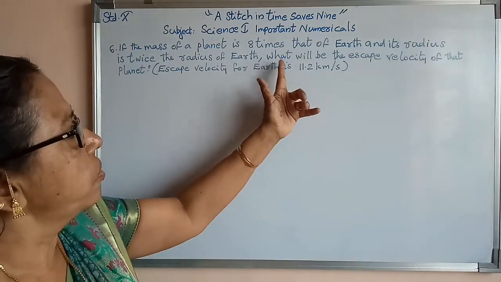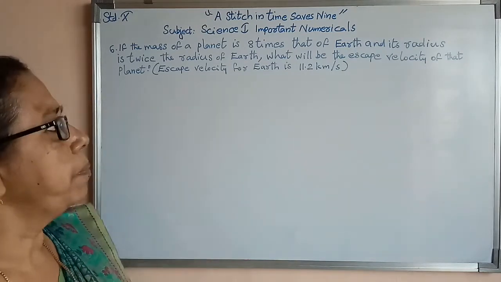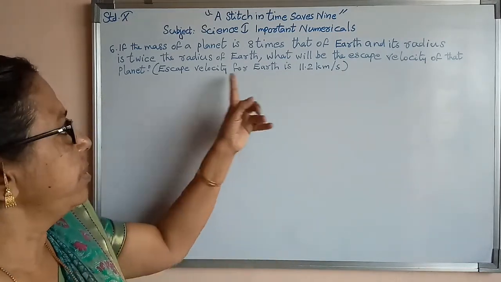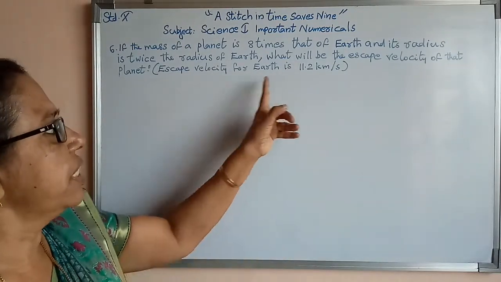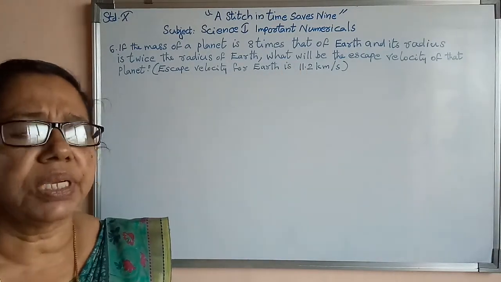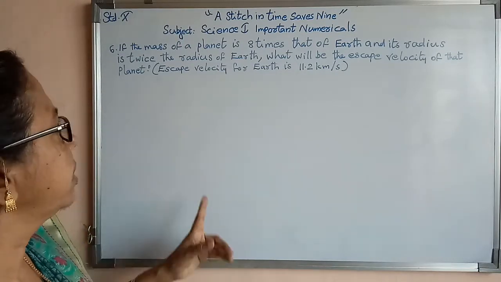Then here the question, what will be the escape velocity of that planet? Escape velocity of Earth is given here, 11.2 kilometer per second. So once again we will read the question.